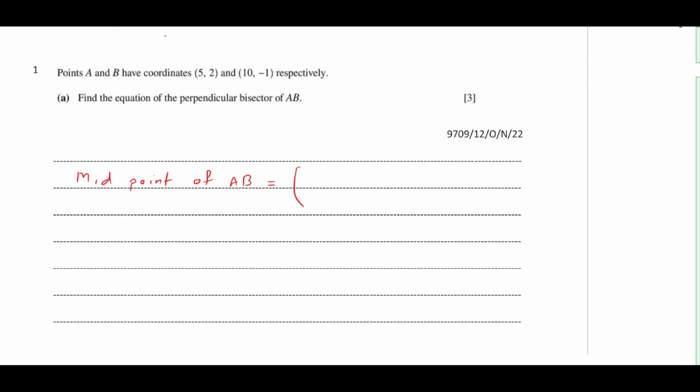You know how we calculate the midpoint. So the x coordinate will be (5 plus 10) divided by 2, comma, (2 minus 1) divided by 2. So this will be equal to 15 divided by 2, comma, 1 divided by 2. Okay, this is the midpoint of AB.